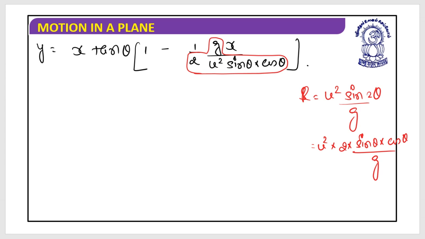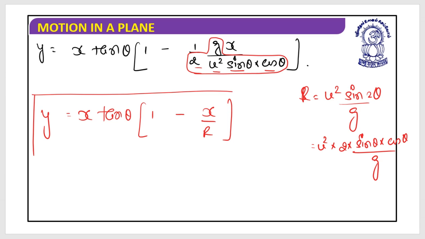Yes, this is the same. So y equals x tan theta into bracket 1 minus x divided by R. That's it. We have proved that y equals x tan theta into bracket 1 minus x by R, where R represents the range.